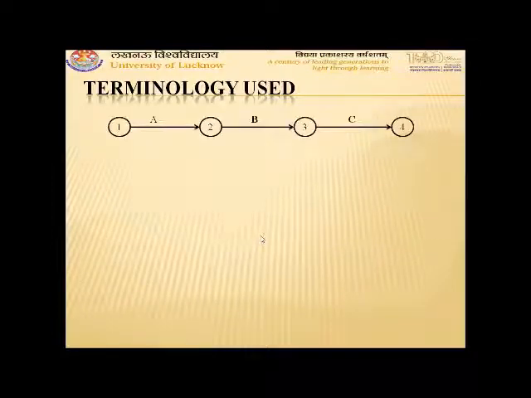Let us consider this network diagram. In this network diagram, we have three activities A, B, and C, and four events 1, 2, 3, and 4.